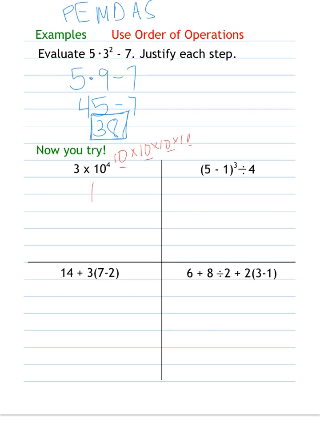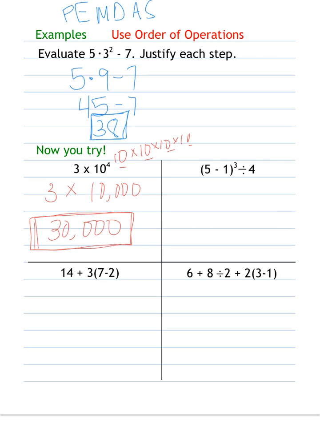So our final answer is going to have 4 zeros. Carry down our 3. 3 times 10,000 is going to be 30,000. We don't have any more steps to do, so that is our final answer to this expression.